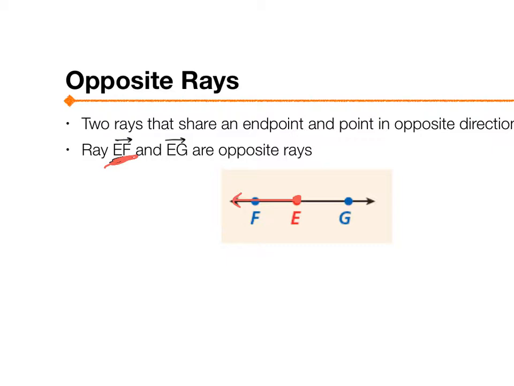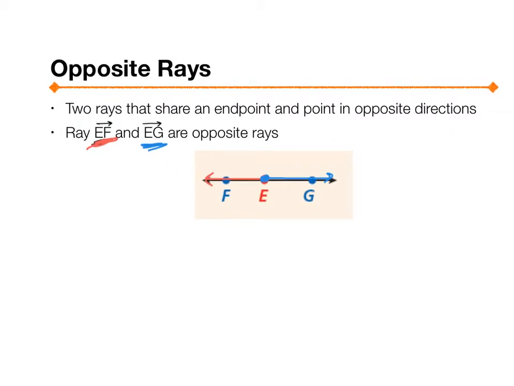And then we have ray EG, which starts at E and points to the right. So these two rays share an endpoint, which is point E, right? They share the endpoint E. And they point in opposite directions.